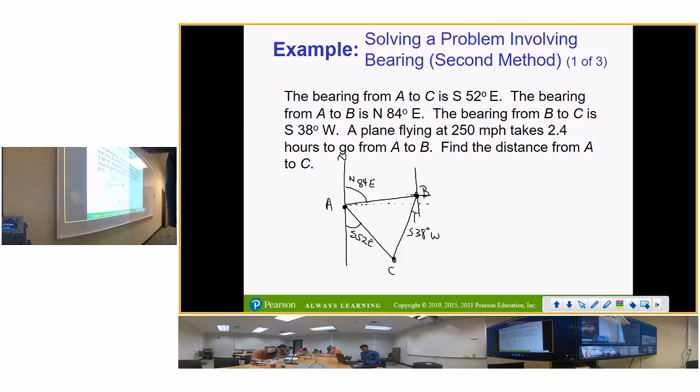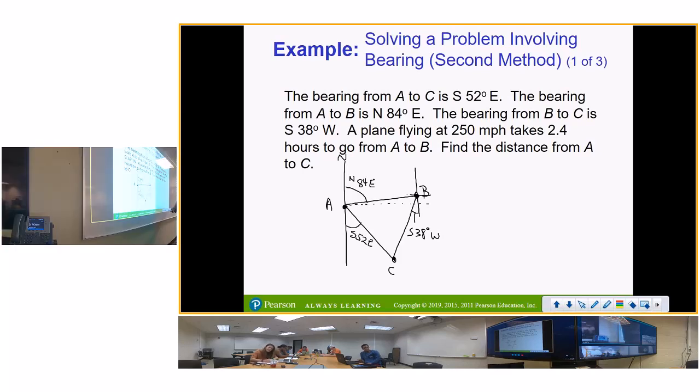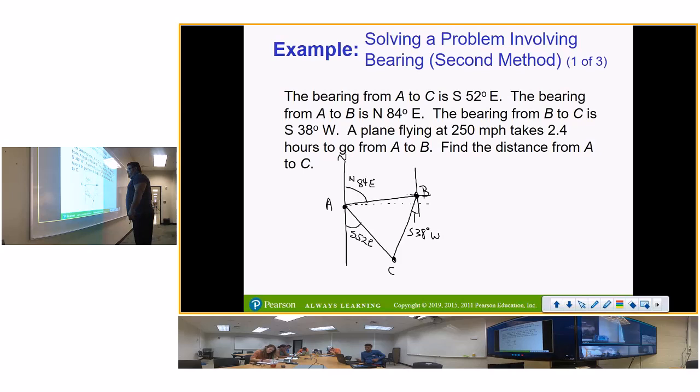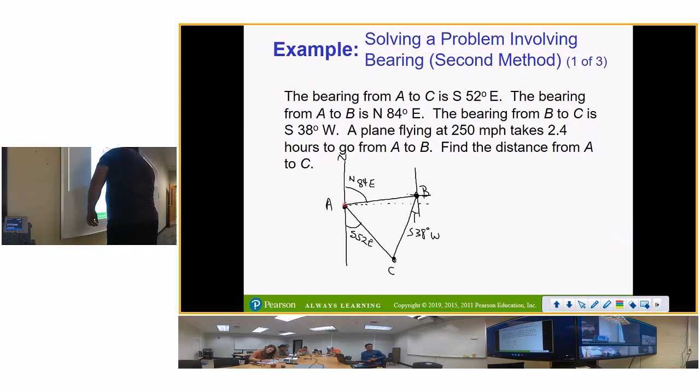Everybody with me? Find the distance from A to C. So they want to know the distance. And I'm going to draw that in red. They want to know this distance from A to C.